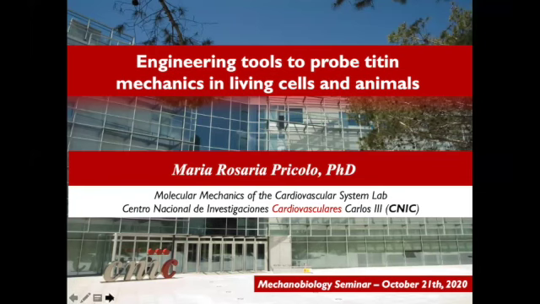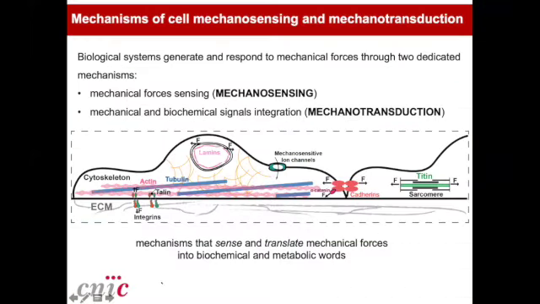Let me start my presentation with a brief introduction about the mechanism of cell mechanosensing and mechanotransduction. As you probably know, cells sense external forces, like, for example, movement or gravity, but also sense internal active forces, for example, those induced by changes in cell contraction or shape.